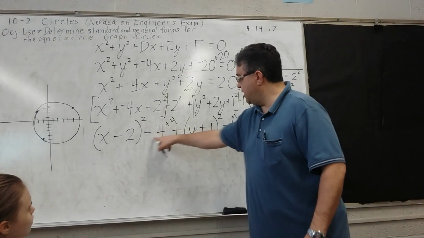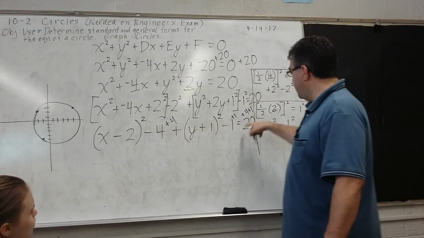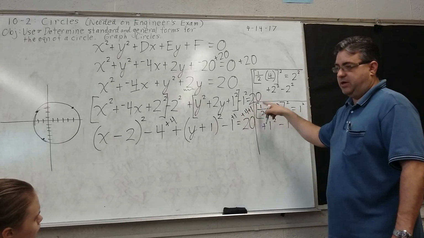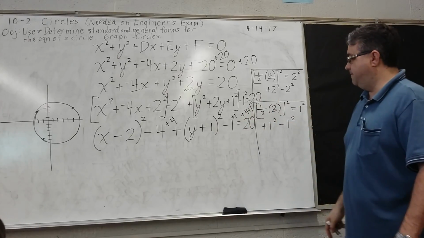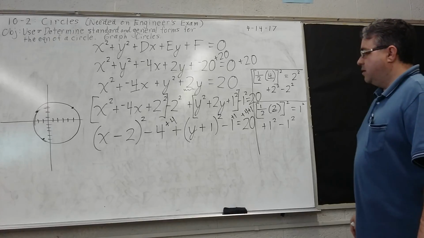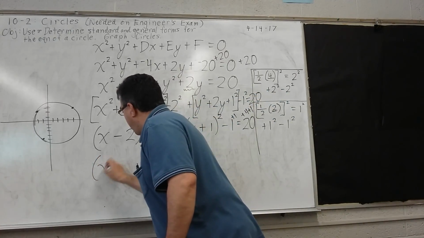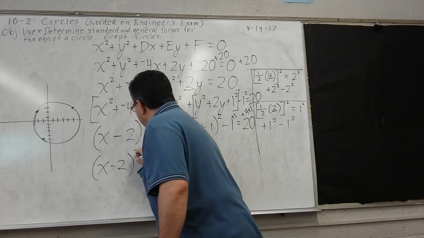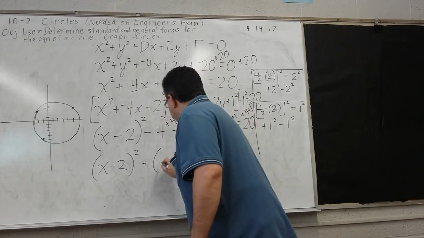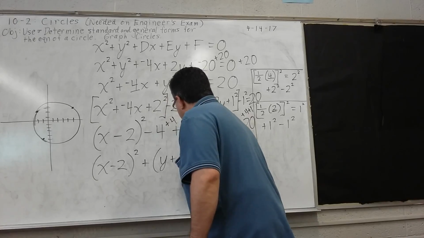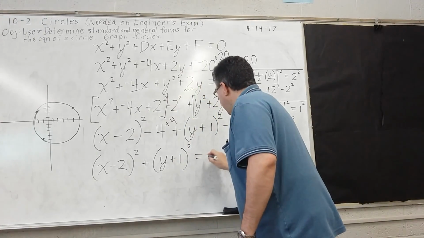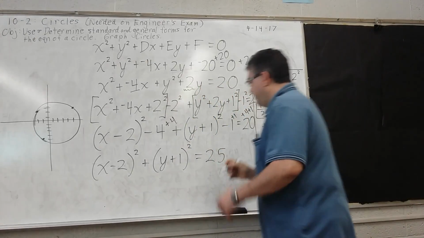I'm doing negative 4 plus 4, negative 1 plus 1, and then I gotta do plus 1 plus 1 on the other side of the equal sign. So then I'm able to write the quantity x minus 2, all squared, plus the quantity y plus 1, all squared, equals 25.